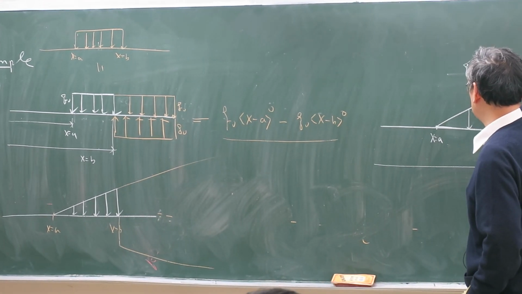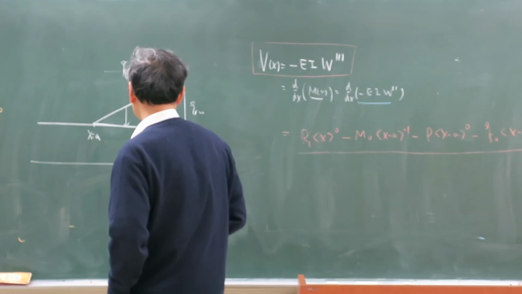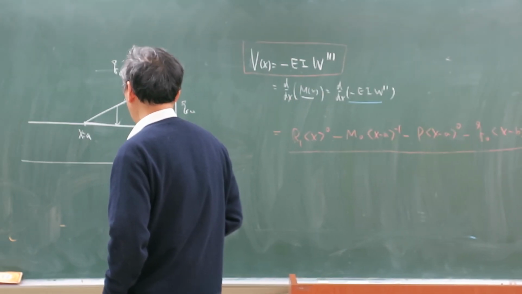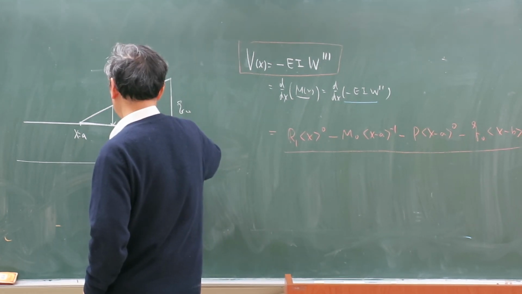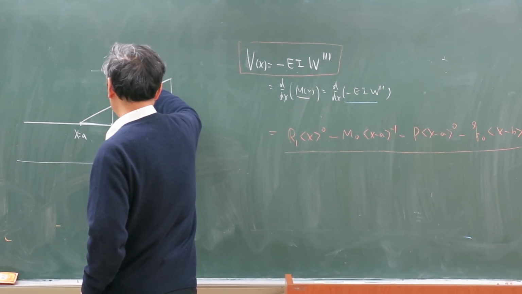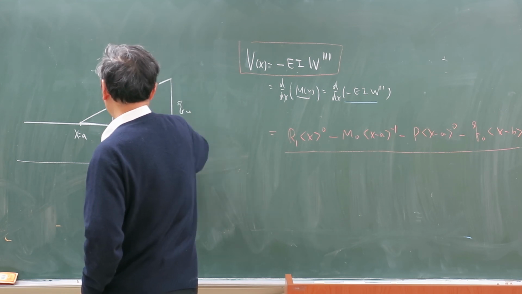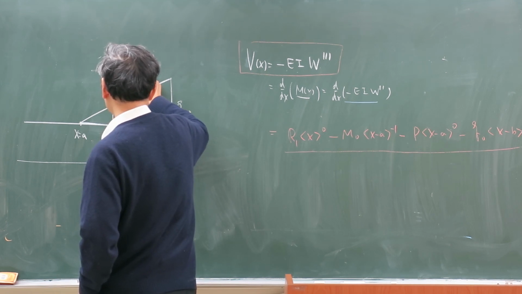So Q0 times, okay. So this loading is, say what? L minus a. x minus a divided by L minus a.